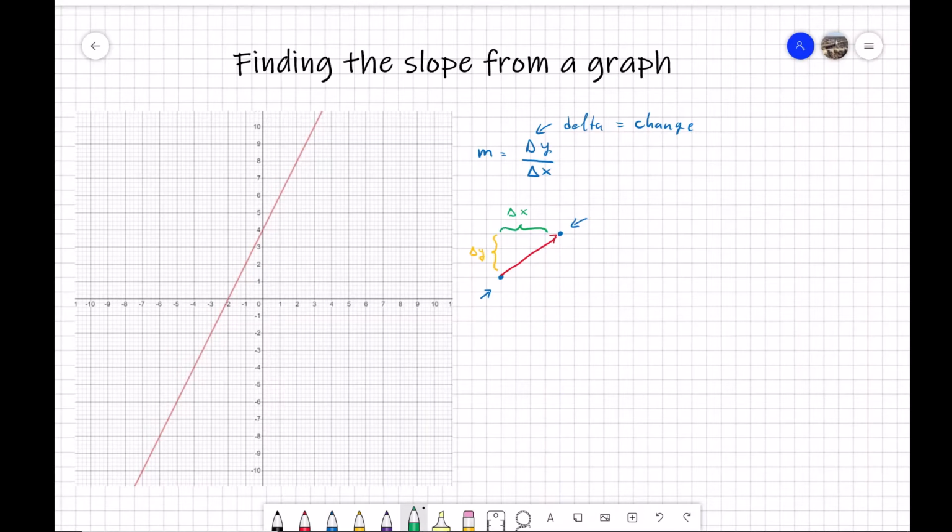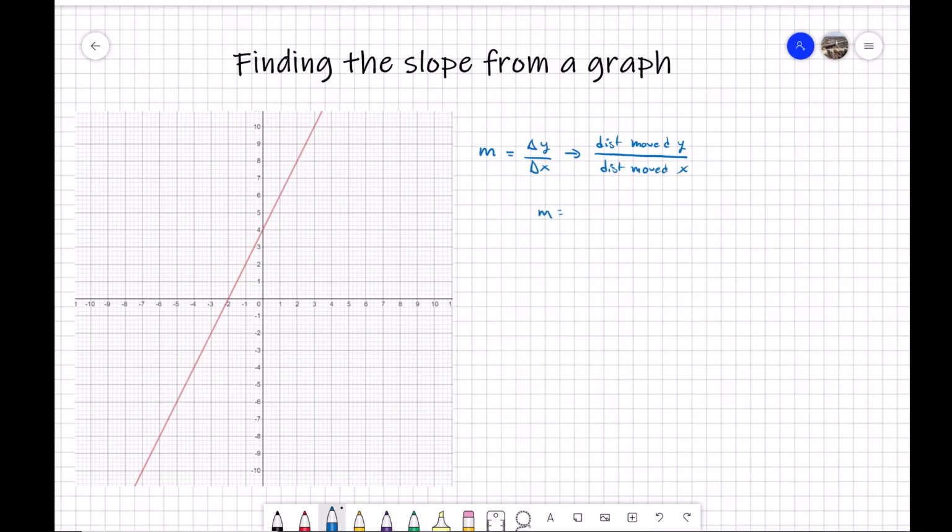Now let's take a look at this example. Again, we need to find the slope of this line, and we said that's the change in y over the change in x, which basically means the distance moved in y divided by the distance moved in x.